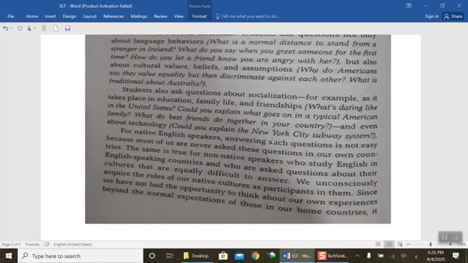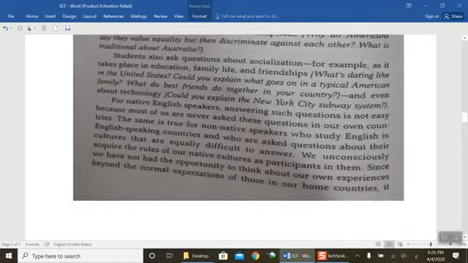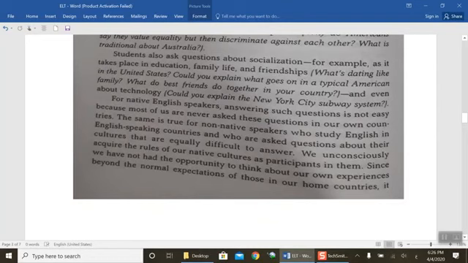This is about culture. For native English speakers, here I will talk about how to answer these questions. Answering such questions is not easy, because most of us are never asked such questions. The same is true for non-native speakers who study English in English-speaking countries and are asked questions about their culture that are equally difficult to answer.